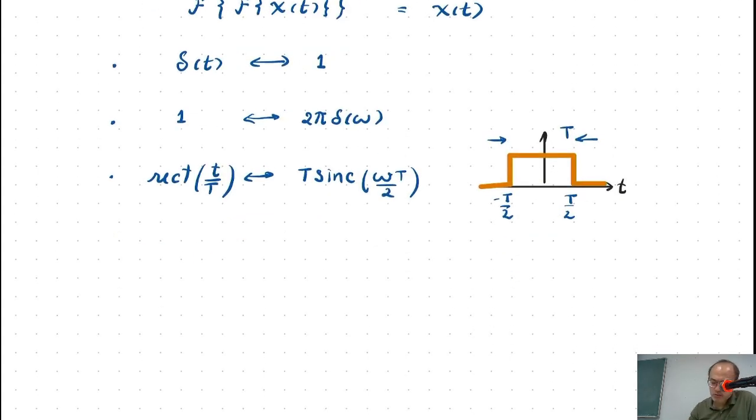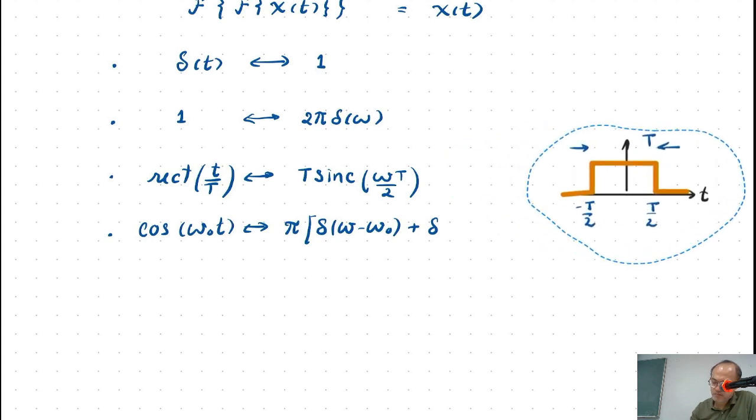Also, we know that the cosine signal of frequency omega 0 has the Fourier transform of pi times delta of omega minus omega 0 plus delta of omega plus omega 0.